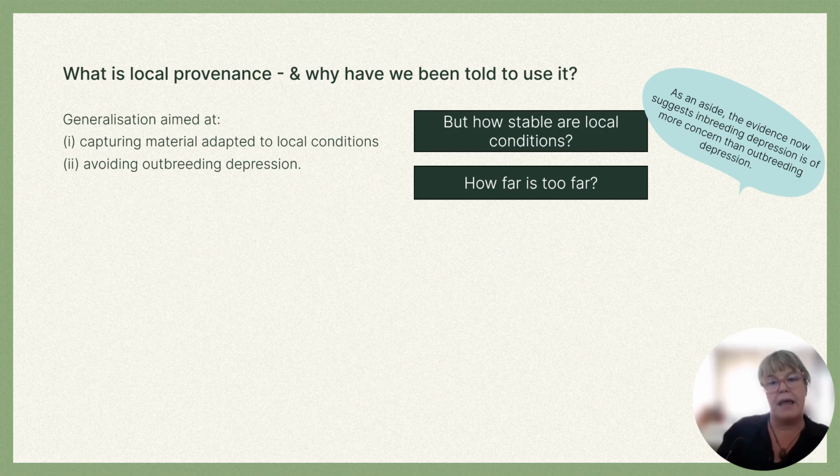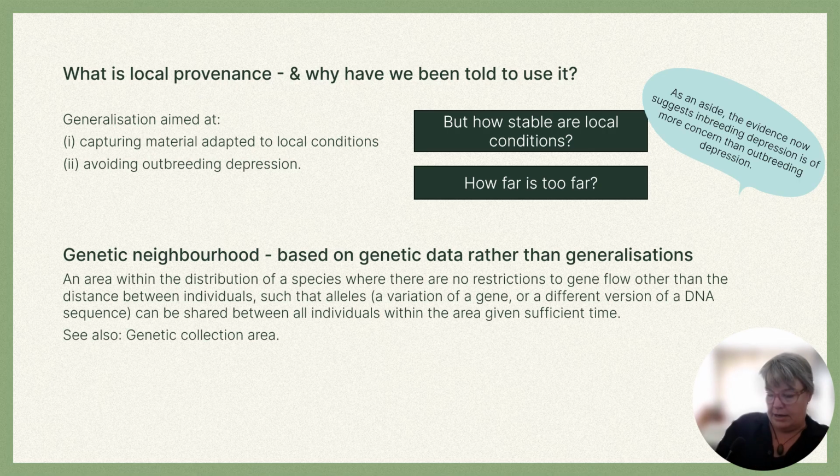Now, as an aside, the evidence now suggests that inbreeding depression is of more concern than outbreeding depression. And we no longer need to generalize. A genetic neighborhood has the benefit of being based on genetic data rather than generalizations.